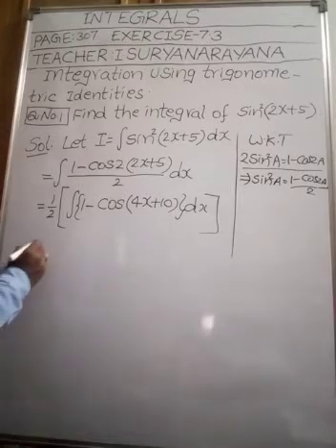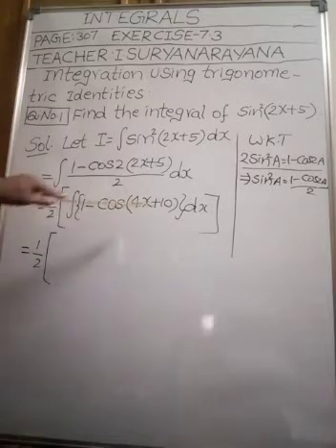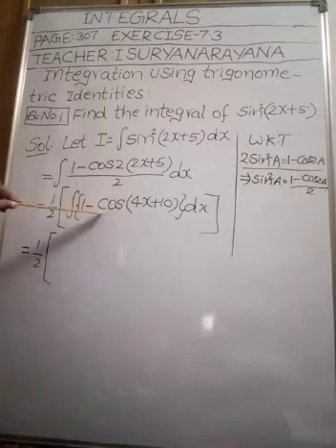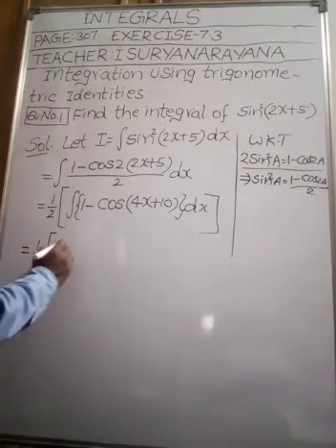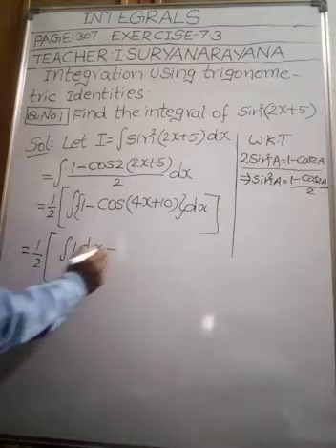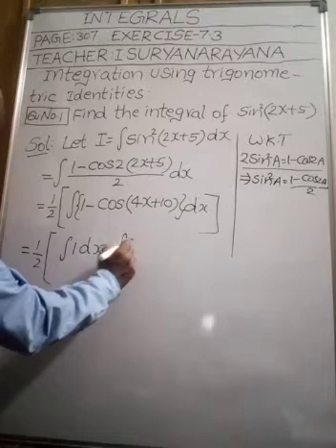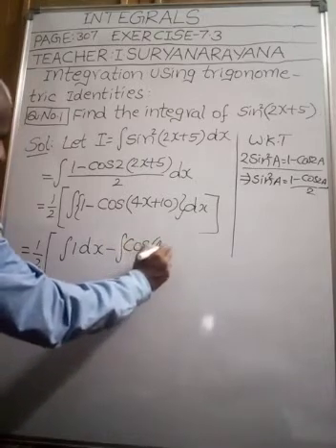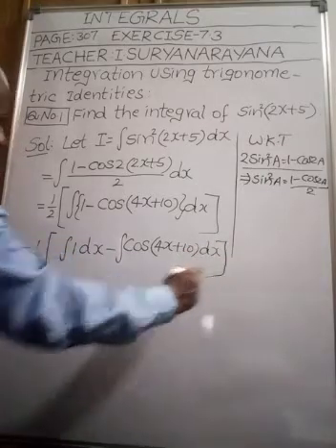This is equal to 1 by 2. Let us observe this integrand. It has two terms: the first term is 1 and the second term is cos of 4x plus 10. So we split into two integrals: integral 1 dx minus integral cos of 4x plus 10 dx.